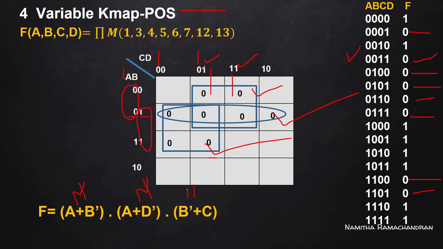So this is the next max term. And combine these max terms using logical AND operation because here it is POS form simplification. So this is the minimized canonical POS form for the given canonical POS form, and the simplification is based on the 4 variable Kmap.